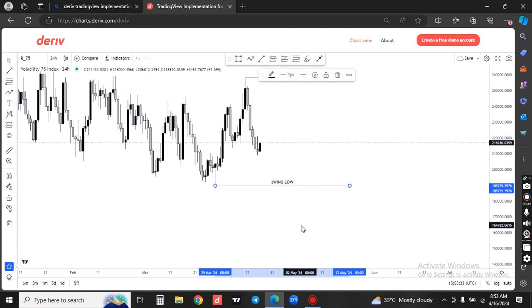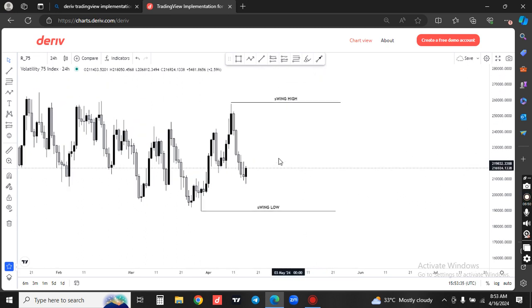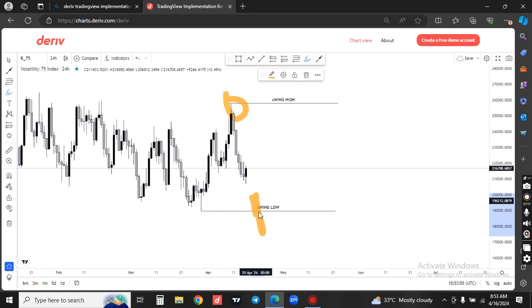Because we are on a downtrend, what are we expecting? We are expecting this swing low, this weekly low, to be taken out, okay? While the market is respecting this last high, we are expecting this one to be taken out.